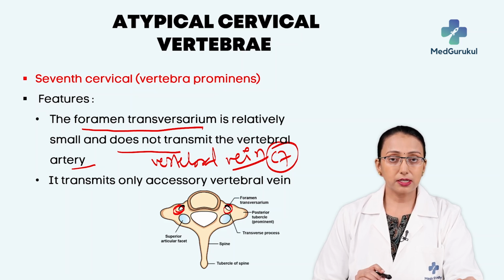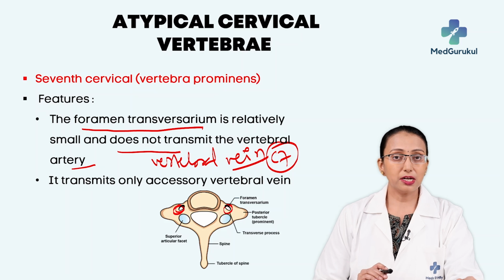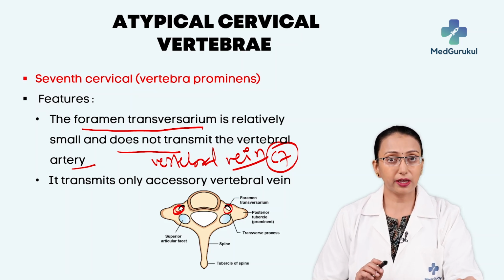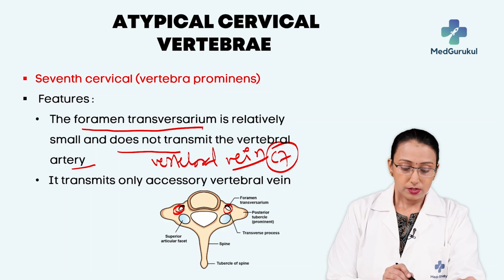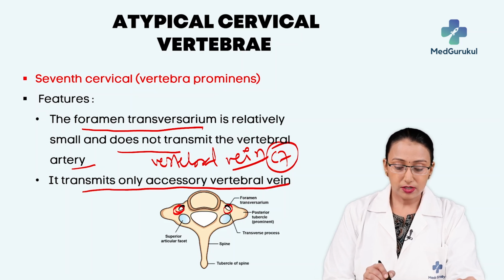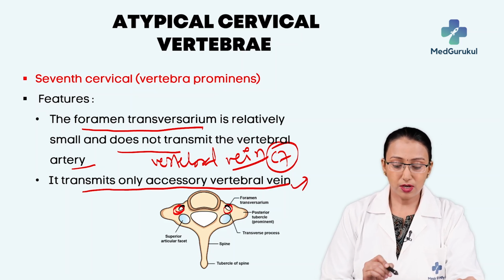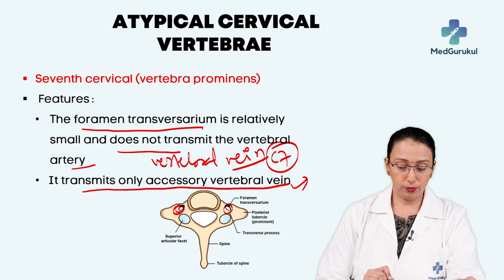Then it enters directly into the foramen transversarium of C6 instead of C7. From C6 it goes up to the suboccipital triangle. So, the C7 here transmits the accessory vertebral vein alone.